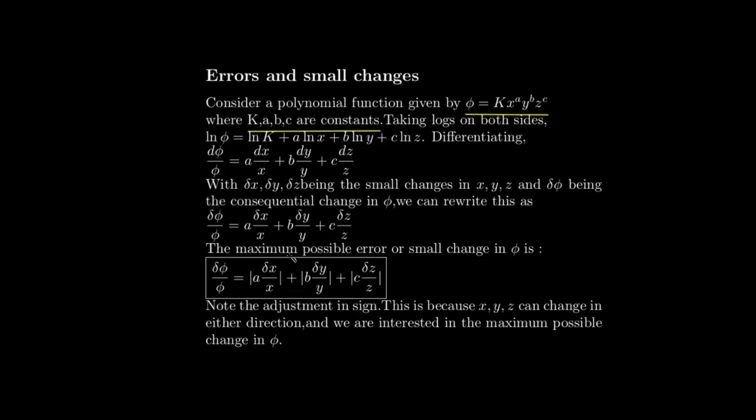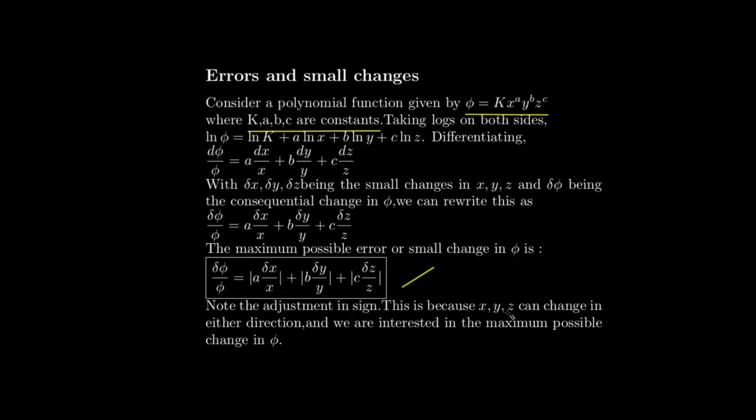The maximum possible error or small change in phi is therefore delta phi by phi equal to the positive value of a delta x by x plus the positive value of b delta y by y plus the positive value of c delta z by z. Note the adjustment in sign.